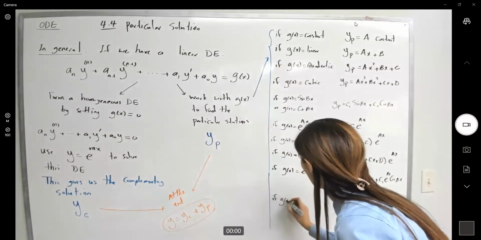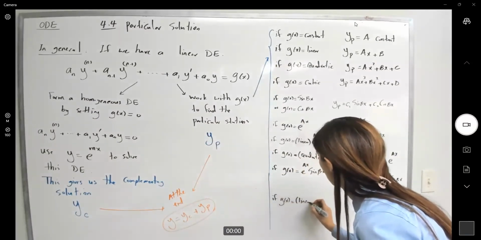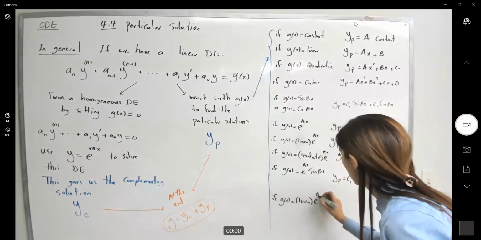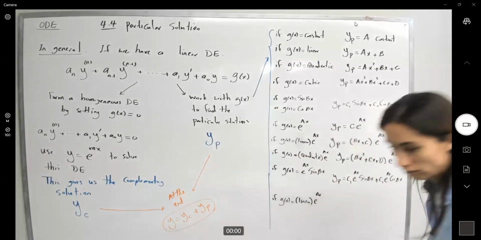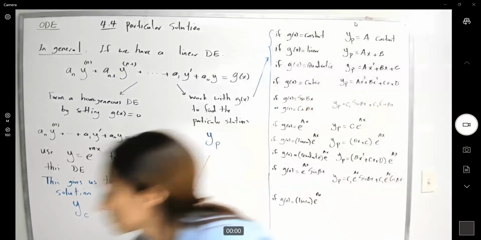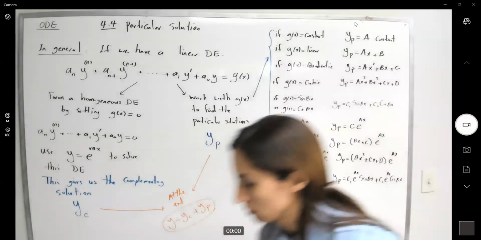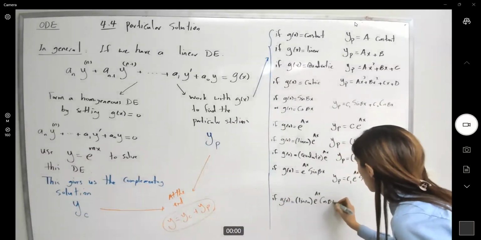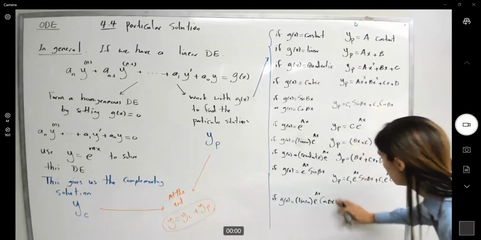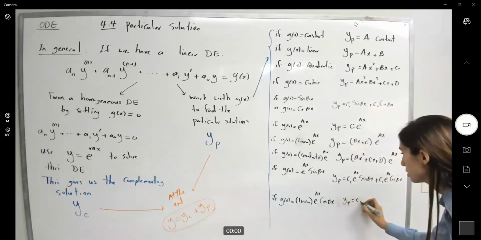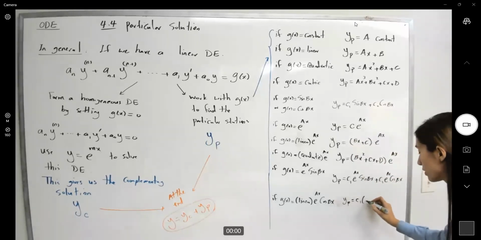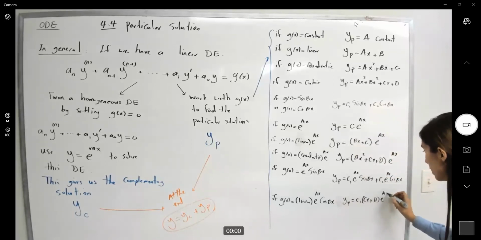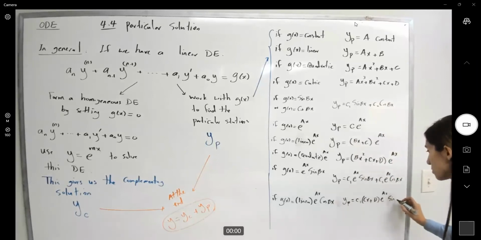If g of x is a linear expression, e to the ax, sine or cosine, for example cosine bx, then y sub p, the particular solution, is c1 times (cx plus d) e to the ax cosine bx or sine bx, it doesn't matter which one comes first.